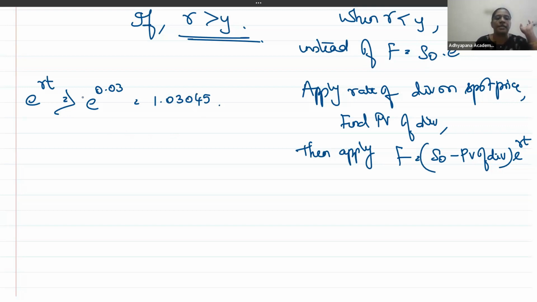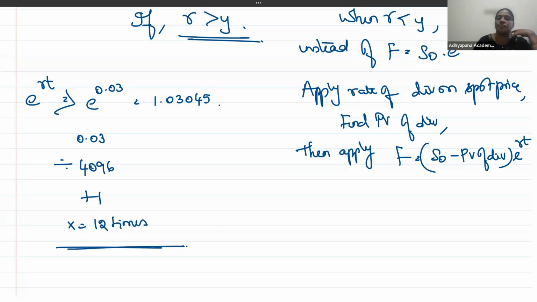This RT is 0.03. R into T is 0.03. I will tell you how to find this in a normal calculator. This number 0.03, divide by 4096, plus 1, into equal to 12 times will give you the answer. Otherwise, you will have a table to be referred. I will even screen share that table.